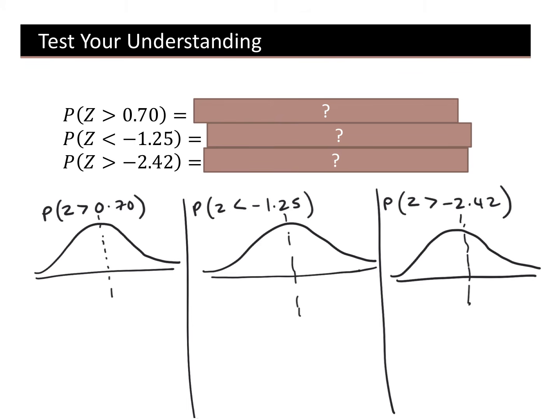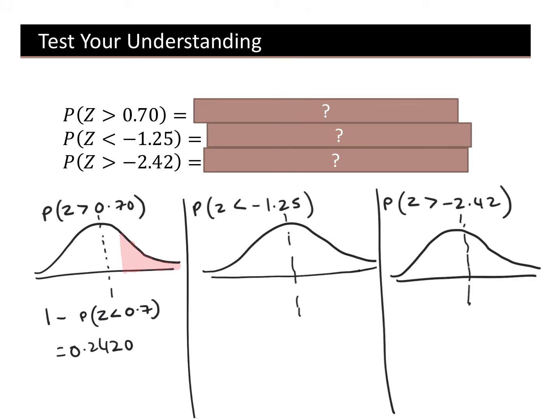So if this is 0.7, we want z is greater than. Okay, straight away, we want to the right. Can we figure out what it is to the right? Nope. So we need to do 1 minus the probability of z being less than 0.7, and we should have got 0.2420.